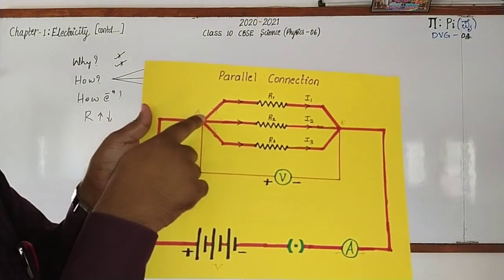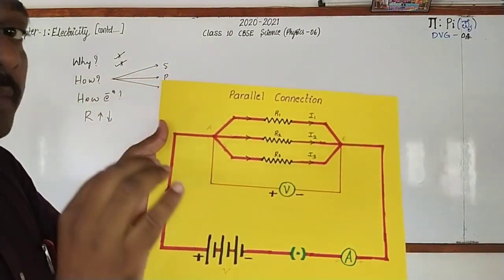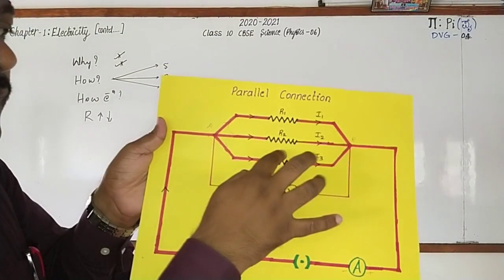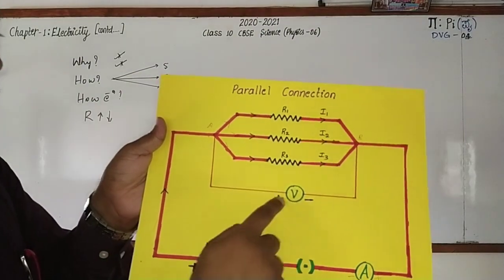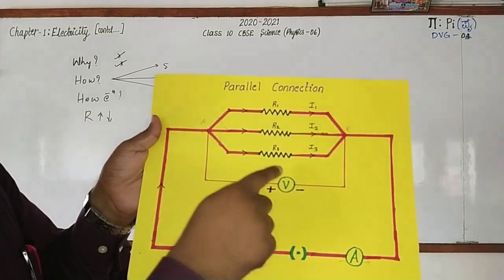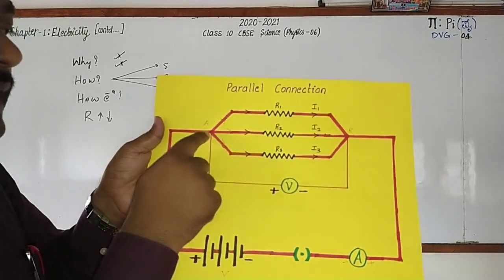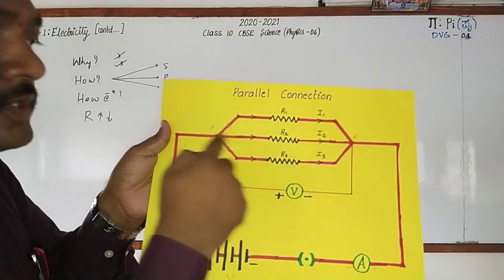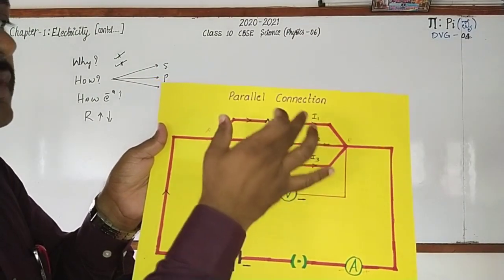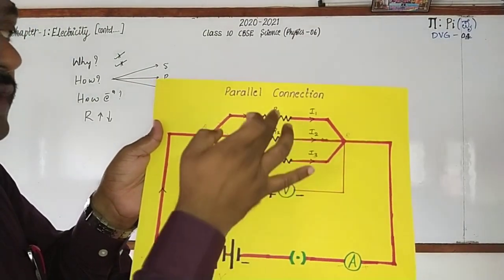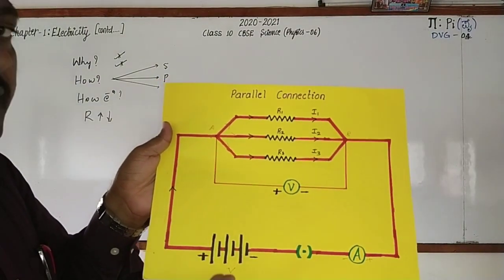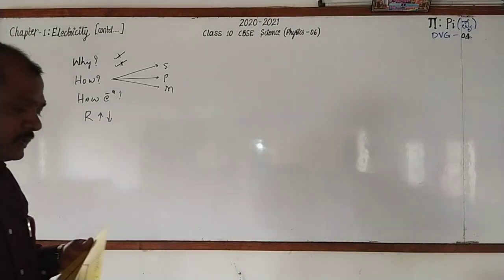See that at the point A, the amount of current flowing through each resistor will differ from one to another. Whereas potential difference is the same, because it is obtained by connecting a voltmeter between two same points across each resistor. Hence the potential difference across each resistor is equal to the potential difference of the battery. Clear? So this much was learned.